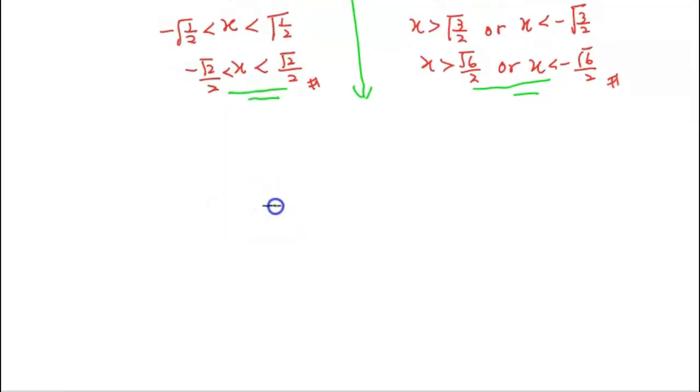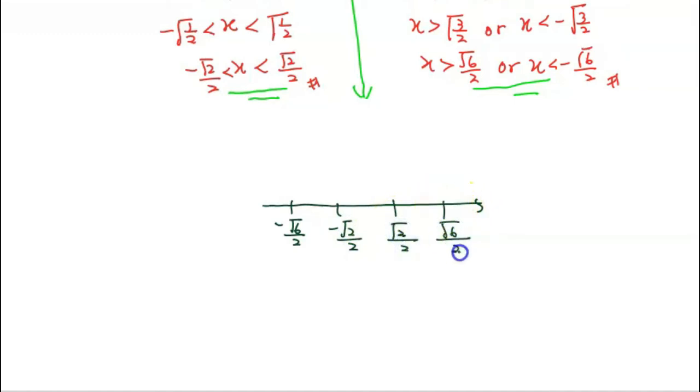Now we will draw our real number line where I will insert all these values. So here will be the smallest value, negative square root 6 over 2, followed by negative square root 2 over 2, then square root 2 over 2, then square root 6 over 2.